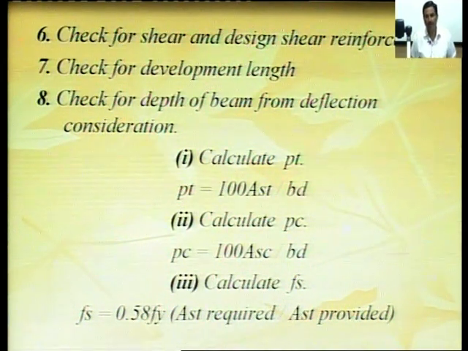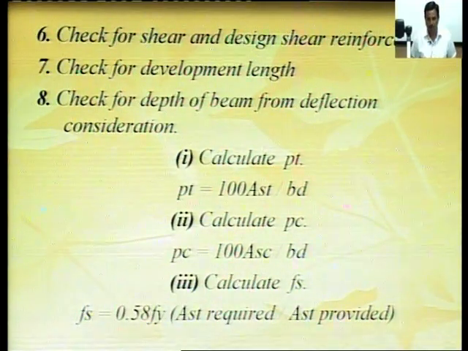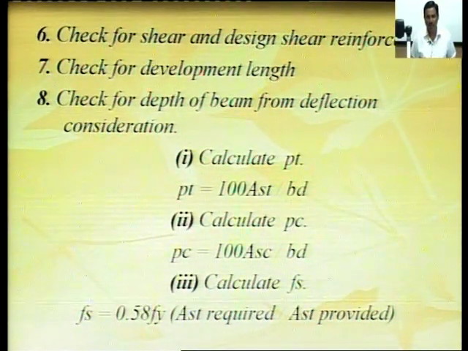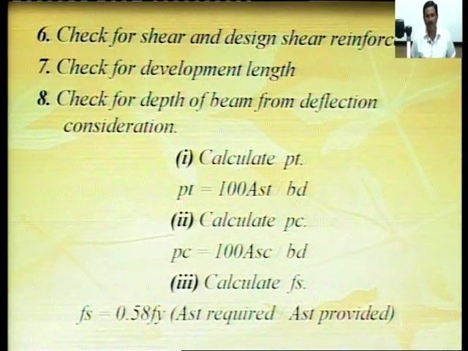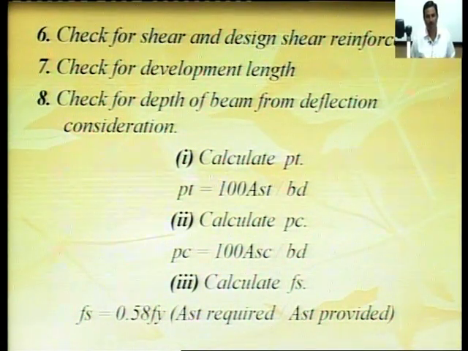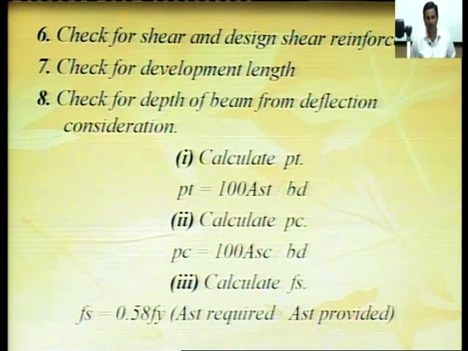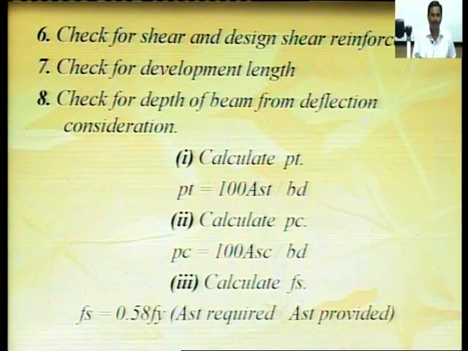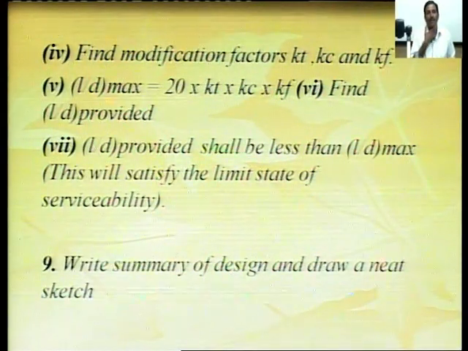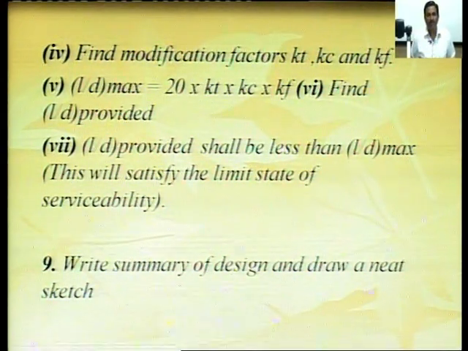Then calculate the value of Fs from this formula: Fs is equal to 0.58 Fy into Ast required, the area of tensile reinforcement required, divided by Ast provided, the area of tensile reinforcement that we have provided. From this formula we calculate the value of Fs. Then find the modification factors Kt, Kc and Kf.